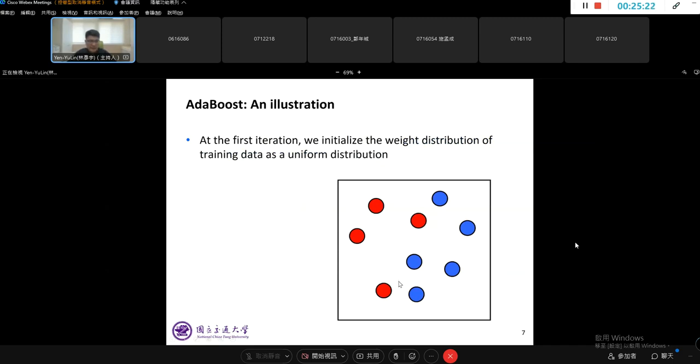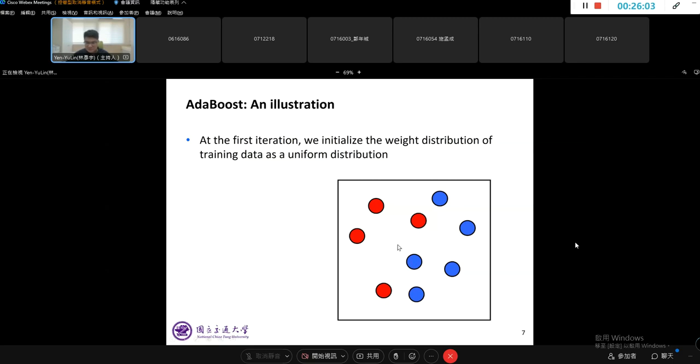Before talking about the AdaBoost algorithm, we use animation to demonstrate the idea of AdaBoost, so you can realize the rationale and the intuition of AdaBoost. Let's consider a two-class classification problem. Each circle is used to indicate one particular training data point, and the color of this circle is used to indicate its category, its class.